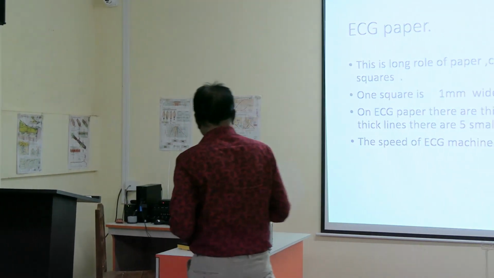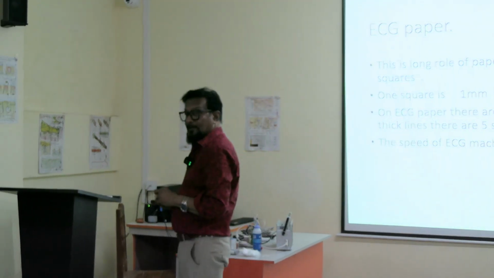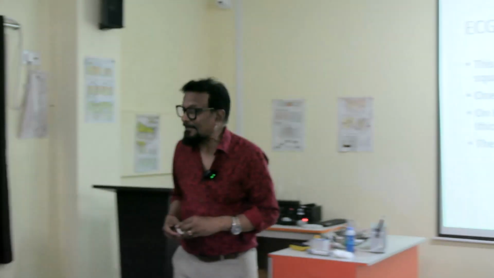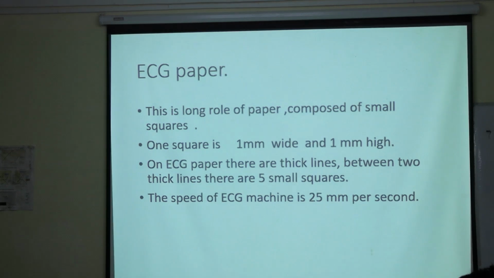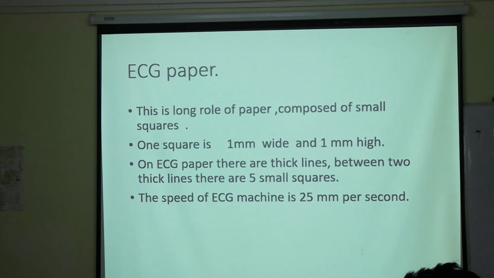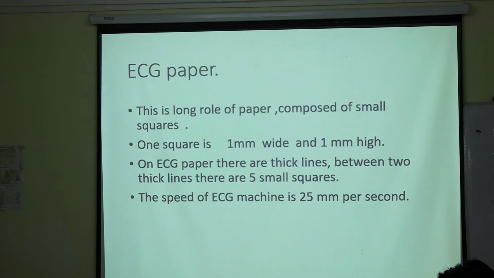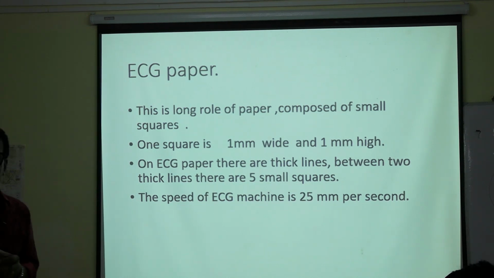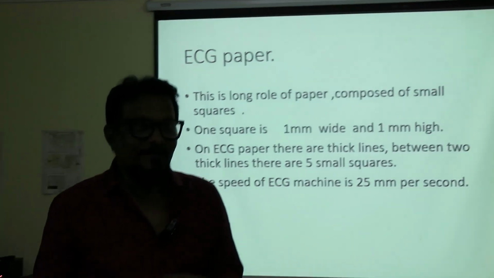It is written there, 25 millimeter per second. Now 25 millimeter means 1 second, and 1 millimeter means how much? 1 by 25.